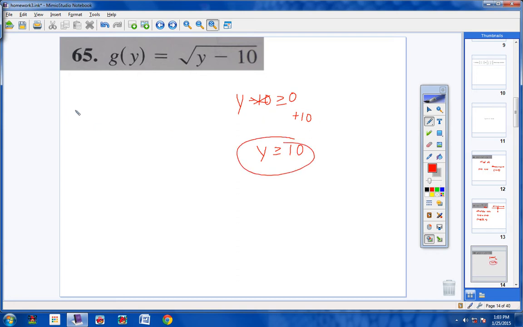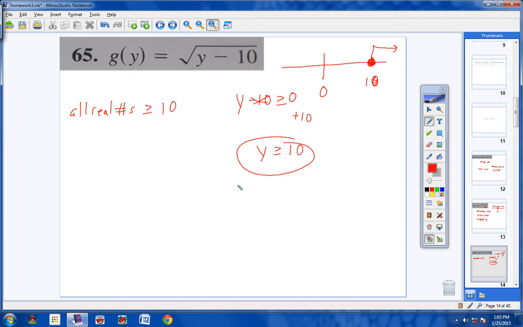Now let's put it in words: all real numbers greater than or equal to 10. Or if you want to use interval or inequality notation, let's get a picture of it real quick. Here's 0, here's 10. It's a closed point, and it goes to the right.